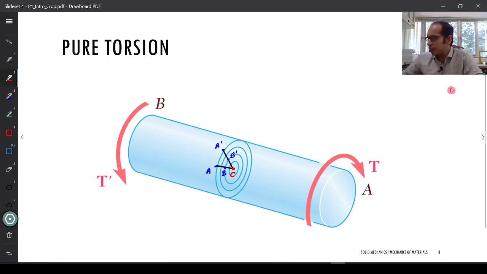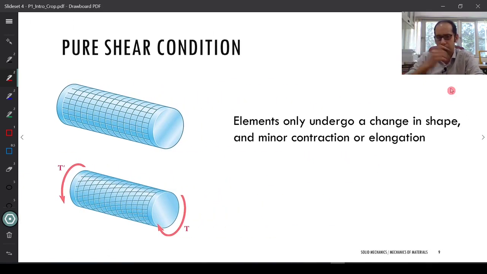So let me poke your memory slightly, or poke your knowledge of stresses and strains at this point pertaining to this topic of torsion. If I take a particular element, instead of taking points, on the surface of this circular shaft over here, let me draw a particular element.